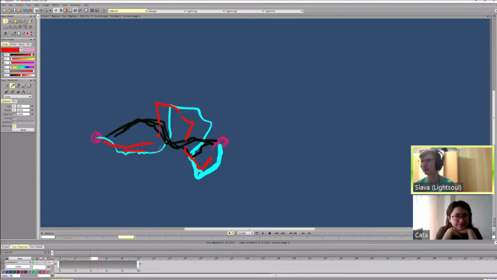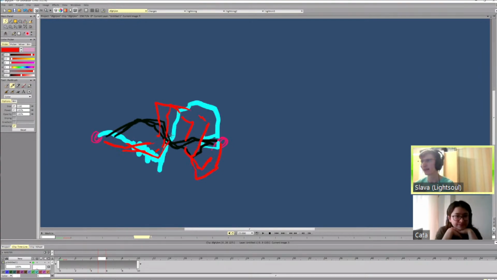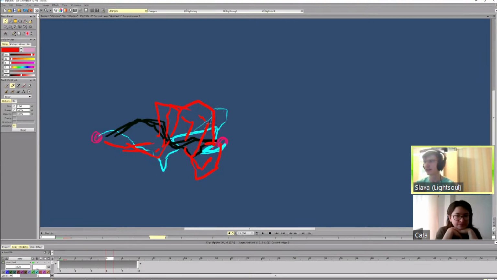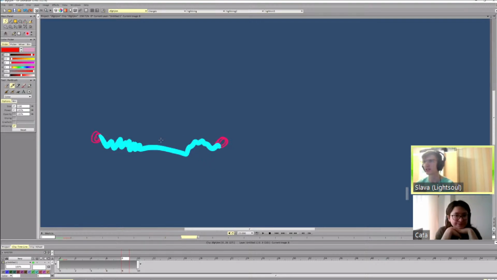Then it moves smaller in some parts and bigger in other parts, and then we have a contrasting change. Then we have a really small change, still a small change, and then a contrasting change.